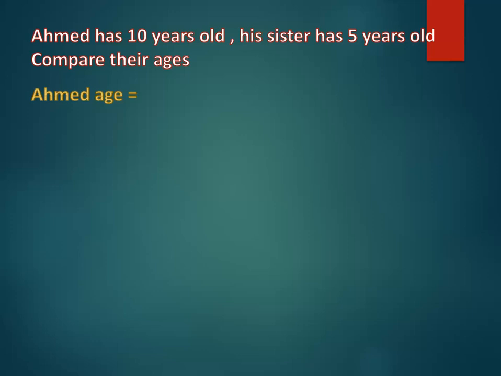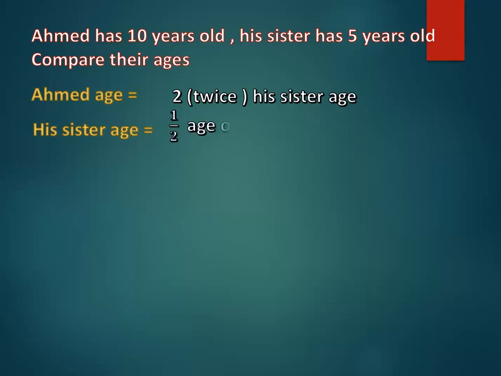Like you can tell me half, third, quarter. So Ahmed is 10 years old and his sister is 5 years. So Ahmed's age is, yes, twice the age of his sister. And if I start with his sister, his sister's age will be half the age of Ahmed.